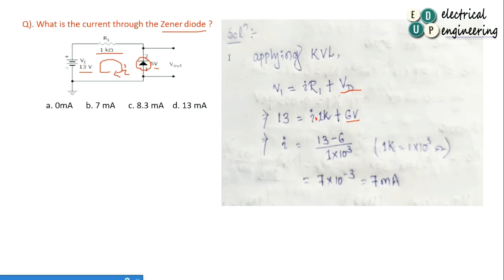Now I is equal to 13 minus 6 divided by 1 kilo ohm. We know 1 kilo is equal to 1 into 10 to the power 3 ohm. So 13 minus 6 is equal to 7, and 10 to the power 3 goes to the numerator as 10 to the power minus 3. Here it is 7 milliampere. The answer is B, 7 milliampere.